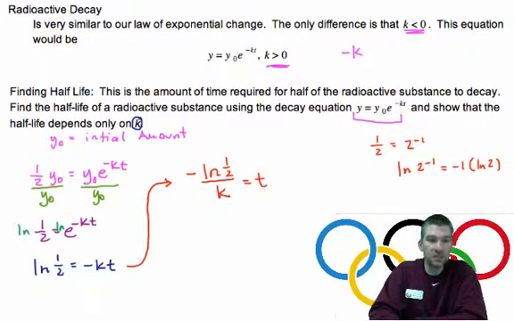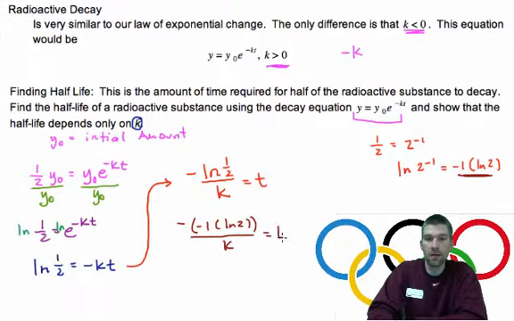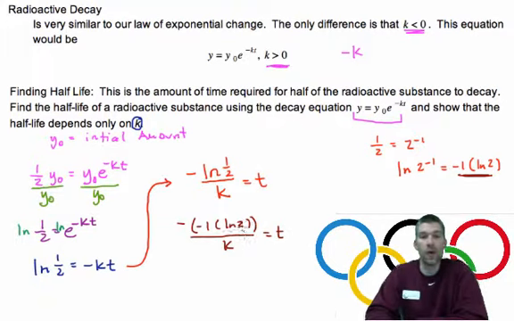So to finish this whole problem, I would say that I've got negative 1 times the natural log of 2 all over k equals t. And that's where we're at.